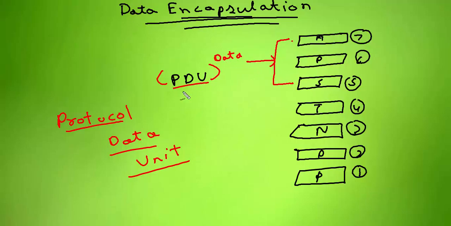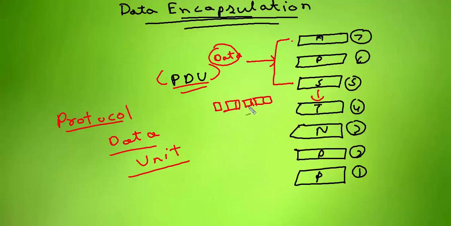When this raw data is transmitted to the transport layer, the transport layer chops the data into smaller pieces, and those pieces are called segments, and the transport layer adds its header.